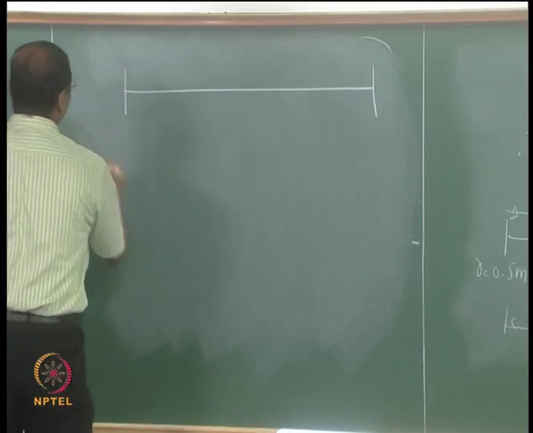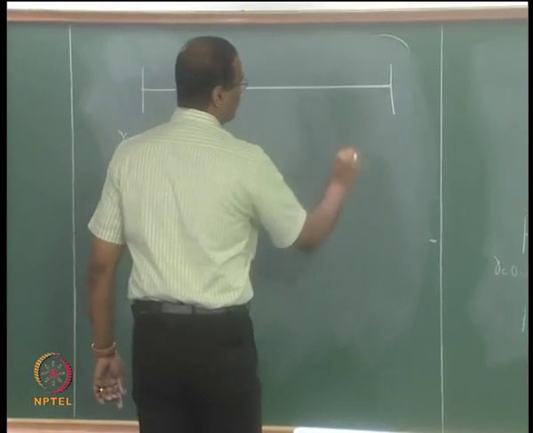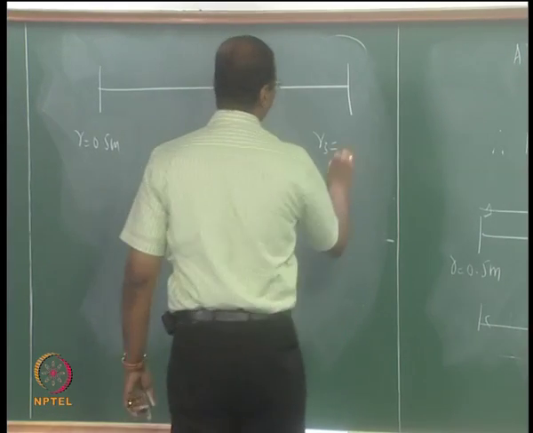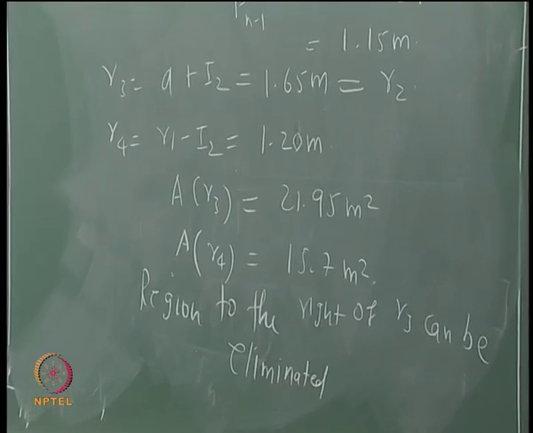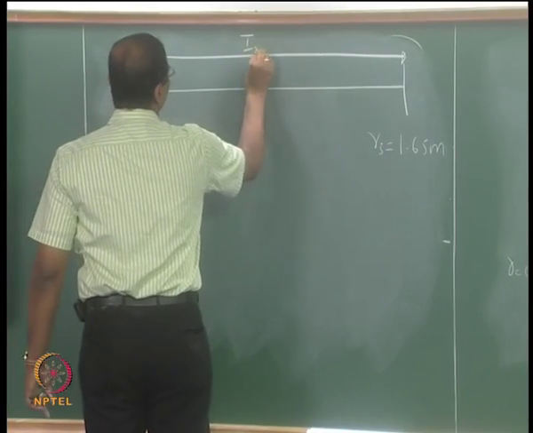So R equal to 0.5, stay with this. R3 is 1.65, I2 is equal to 1.15.